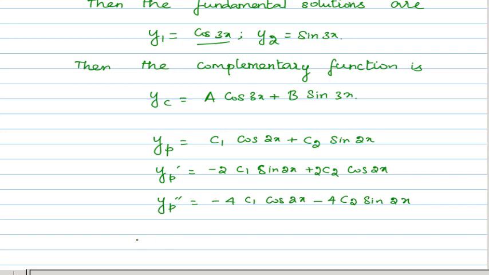Now applying the given equation. My equation is y double prime plus 9y equals cos 2x. My aim is to find the particular integral.